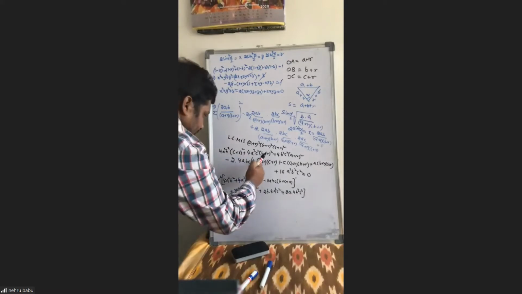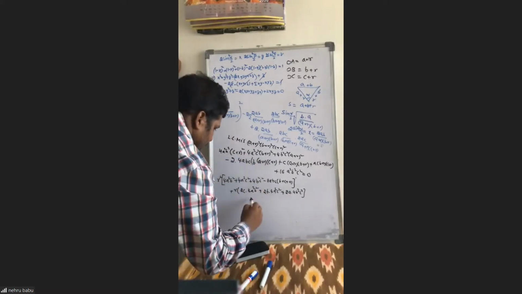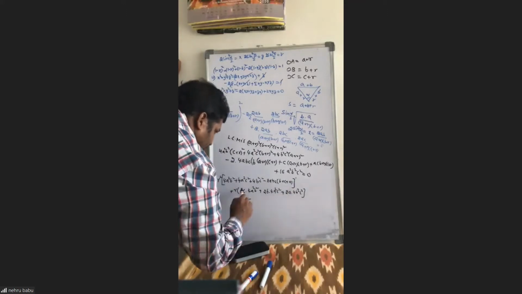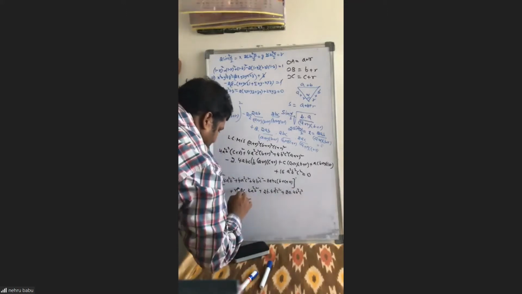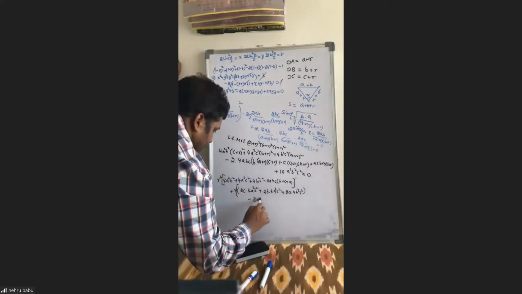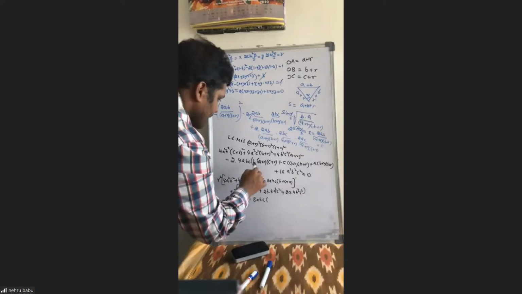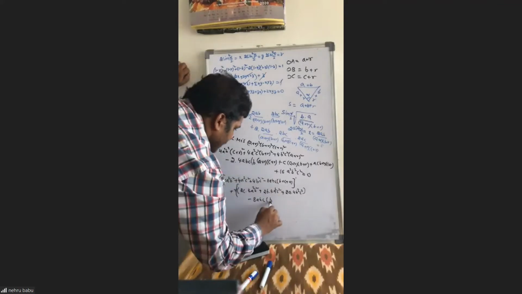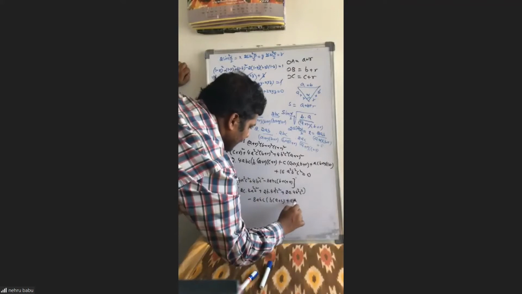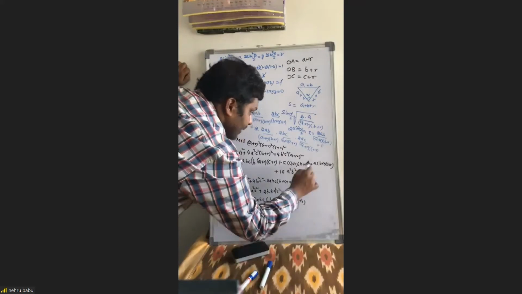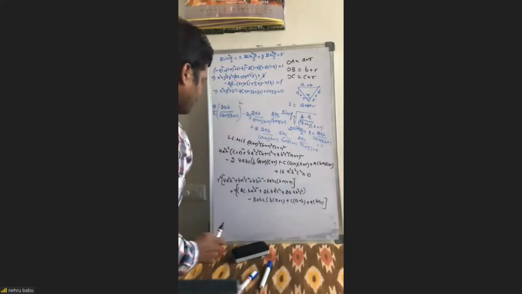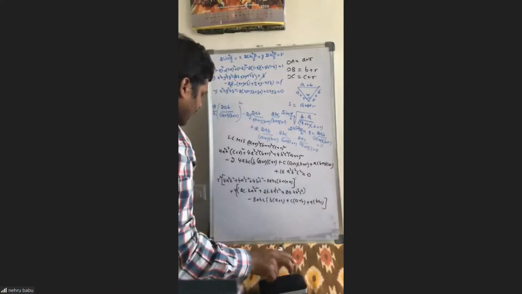Next here, minus 8abc into, this part is over, and in this part minus 8abc into b into (a plus c), plus c into (a plus b), plus a into b, the r coefficient only. This is the r coefficient.